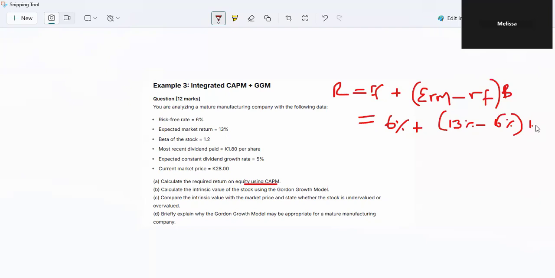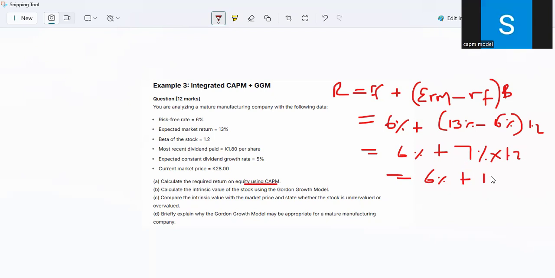So what do we have now? 13 minus 6 is 7% times 1.2.